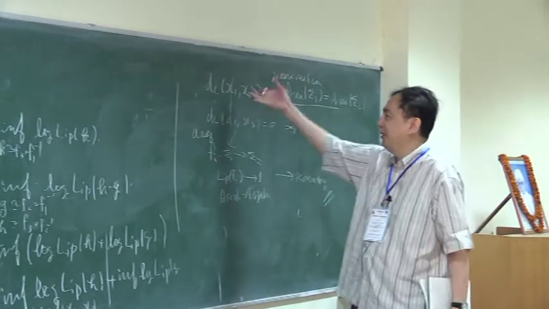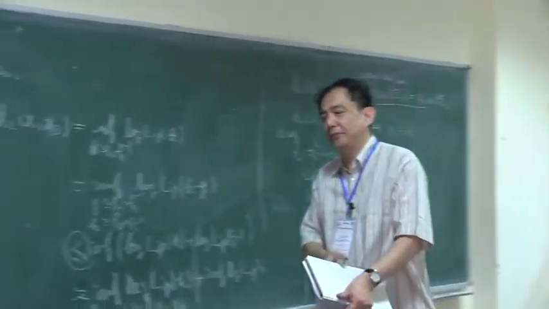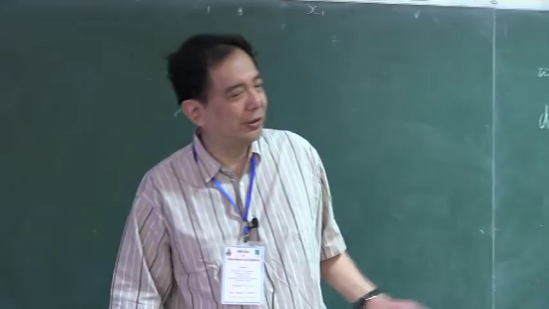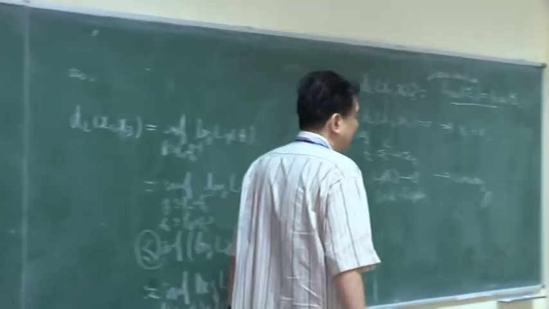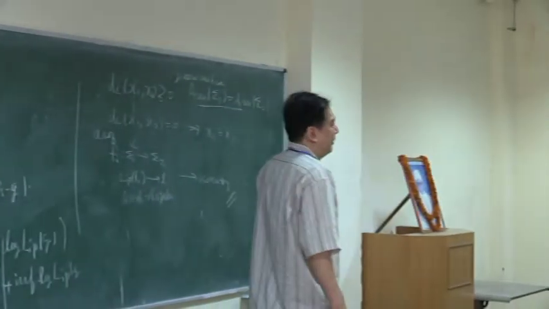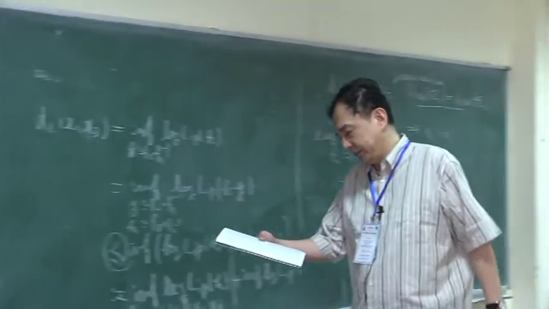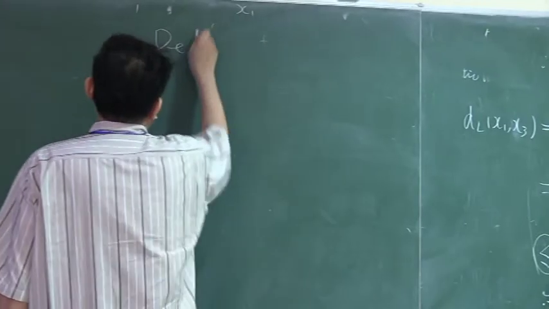So in that case, the distance is realized by the Teichmüller map. Now what we'd like to introduce is something called the stretch map, which is an analog of the Teichmüller map in this setting. But for that, we need to define something called a geodesic lamination first.